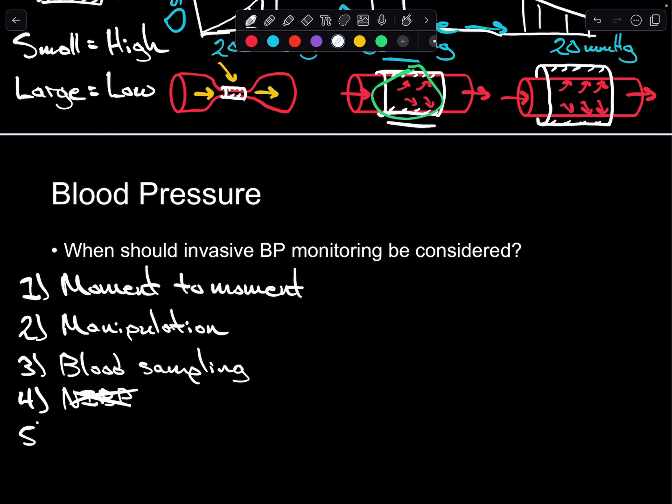And then sometimes an arterial line can provide supplementary data. So that could be like looking at pulse pressure variation to guide the volume status of the patient.